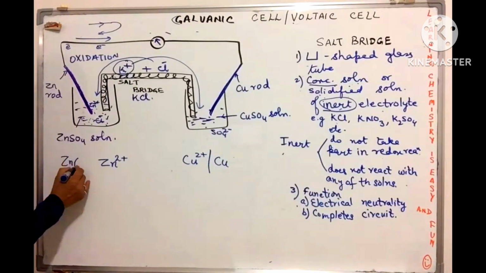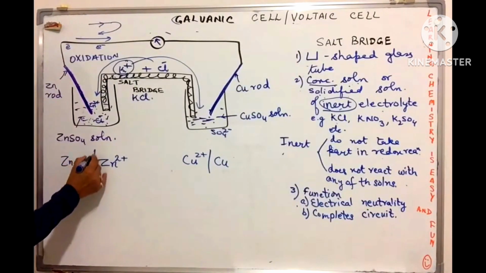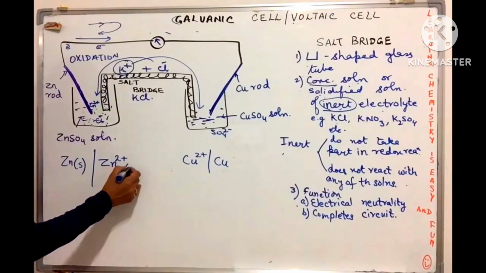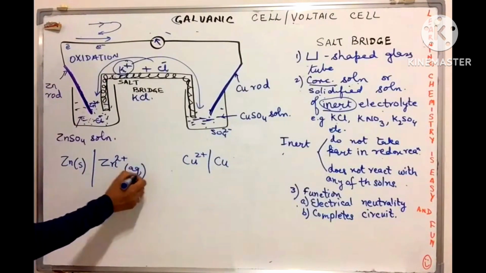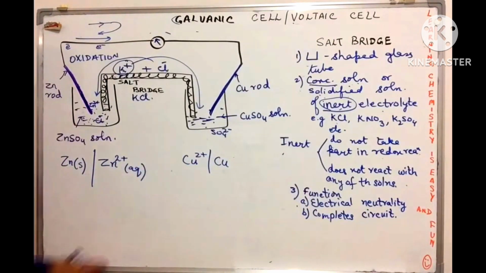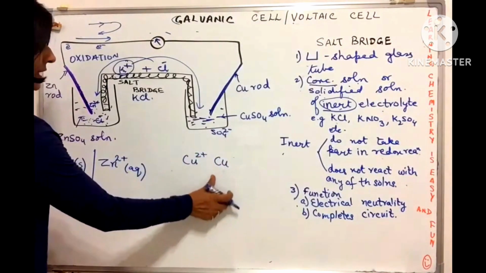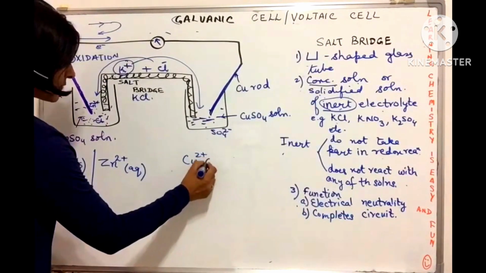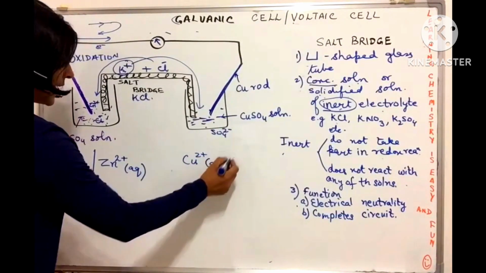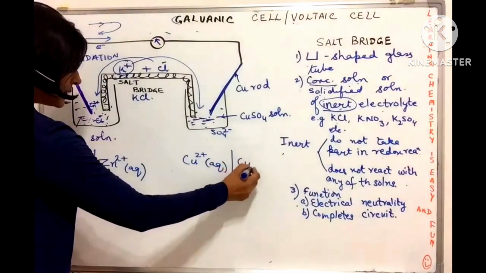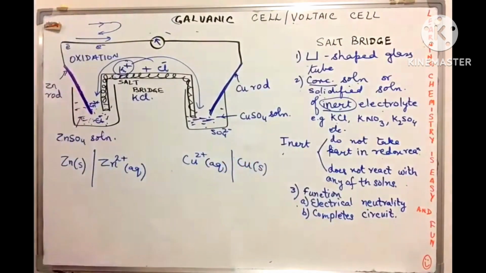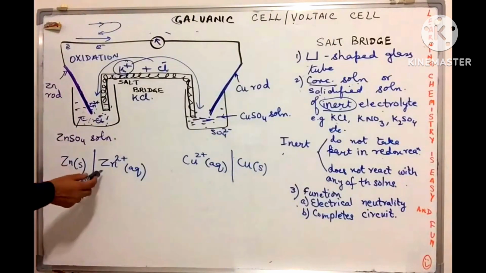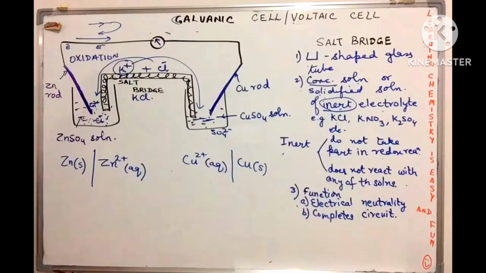So I've got zinc in the form of solid, a single line, zinc ions in the form of an aqueous solution. Copper ions again are in the form of an aqueous solution, and I have copper which is in the form of a solid, right? Here, what is the concentration of the zinc ions? Okay, let me come back to that later.